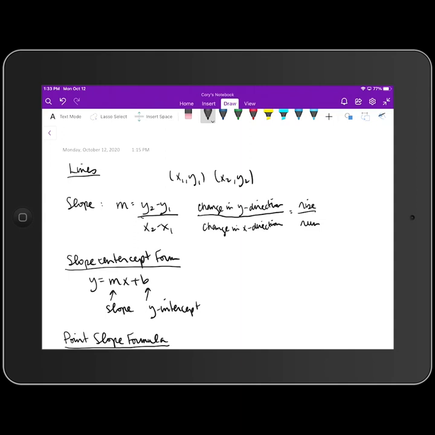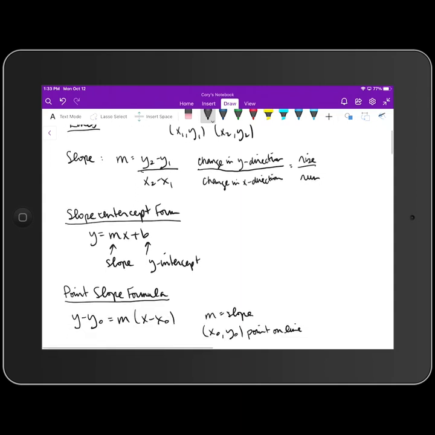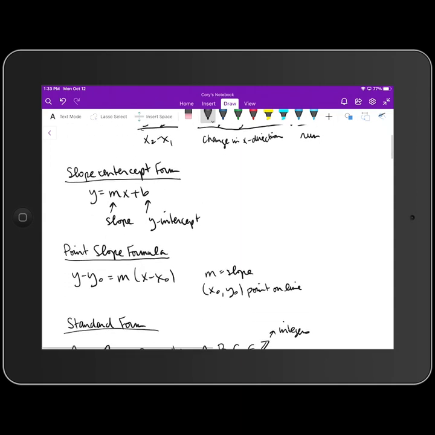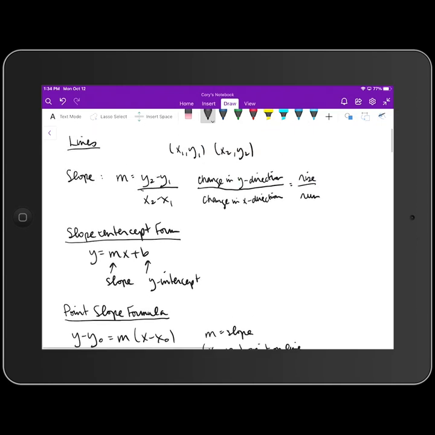So we call slope the ratio of rise over run. Now with slope, it doesn't matter which point is your x1 comma y sub 1 and which point is your x sub 2 comma y sub 2, as long as you group x sub 1 and y sub 1 together and x sub 2 and y sub 2 together.